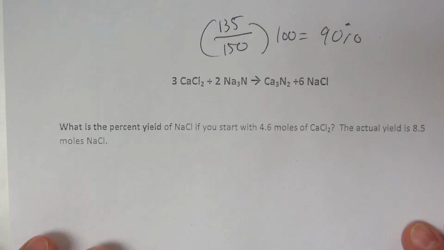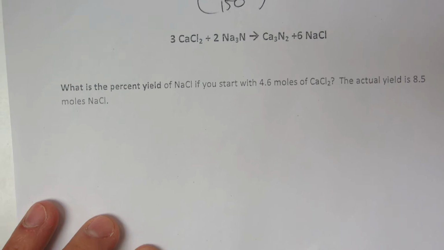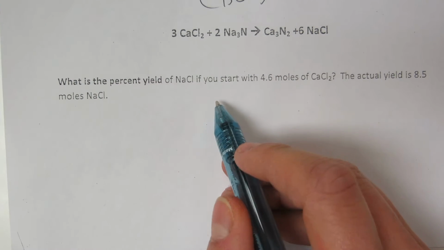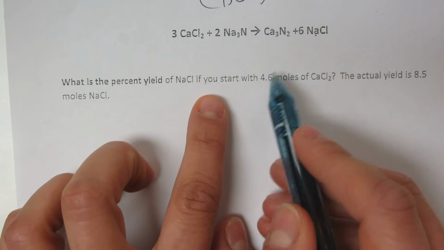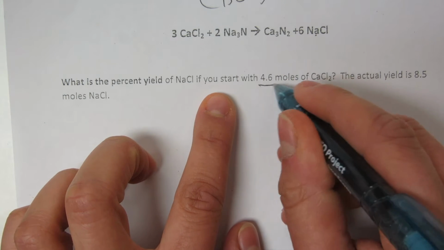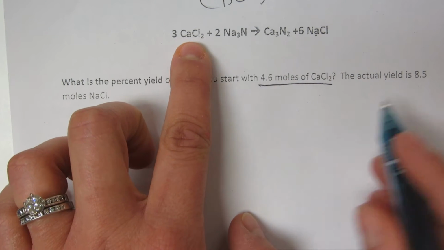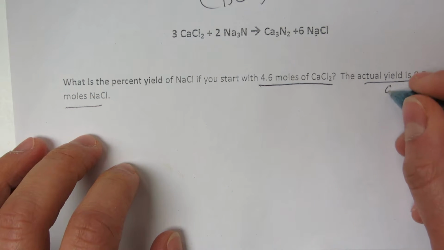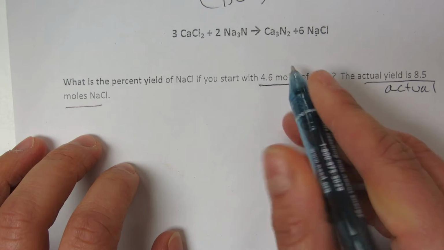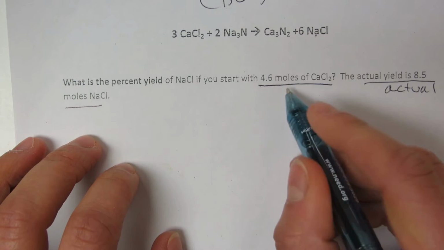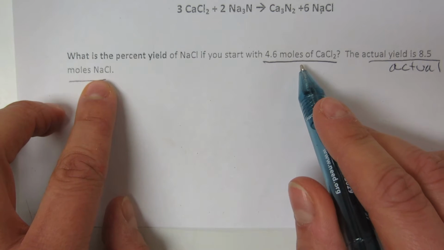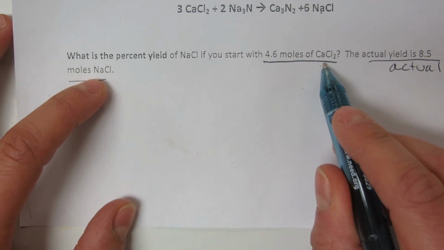Okay, so to apply this to a chemistry problem, here they're asking what the percent yield of sodium chloride is if you start with 4.6 moles of calcium chloride and you actually made 8.5 moles of sodium chloride. So this is the actual. We're going to use this reactant and figure out how many moles of sodium chloride we can make from this calcium chloride.